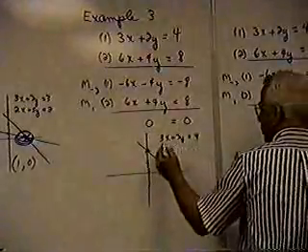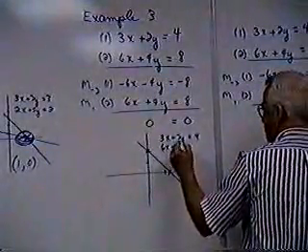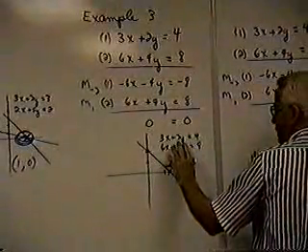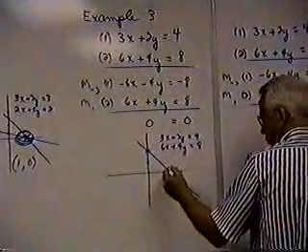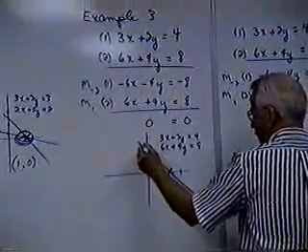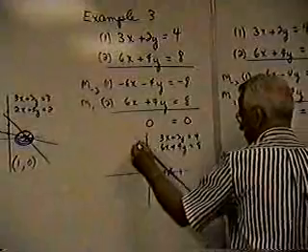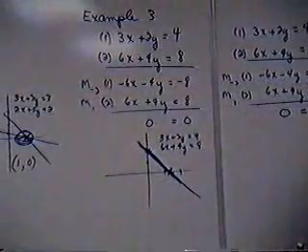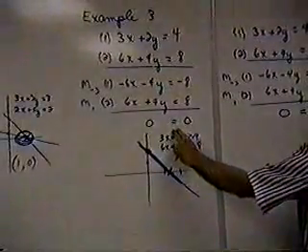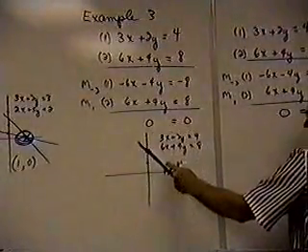And now if I graph 6x plus 4y is equal to 8, if I put my hand over the y, x is 4/3. If I put my hand over the x, y is 2. And what I get is the same line. The same line. So pay attention on the notes. What happens is if everything drops out, what we have is many solutions.